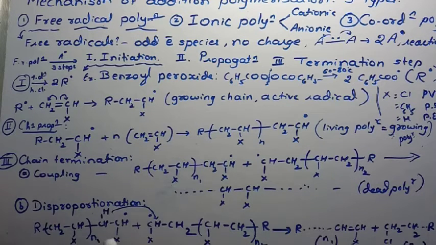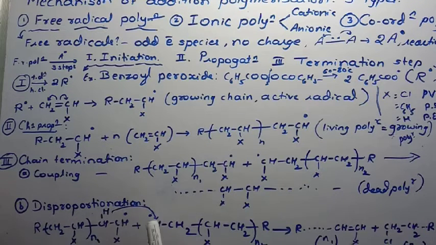Now the second method, disproportionation. Once again, the same two types of macromolecules are made to react, then a hydrogen atom from the second carbon atom of this molecule is going to shift to the other molecule.